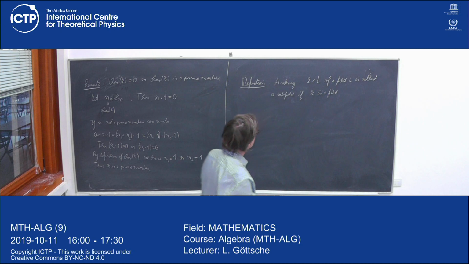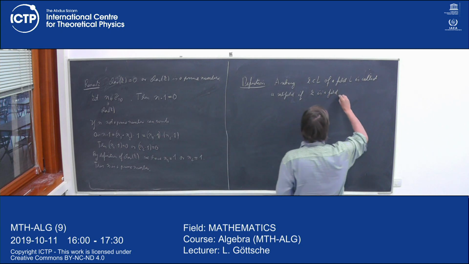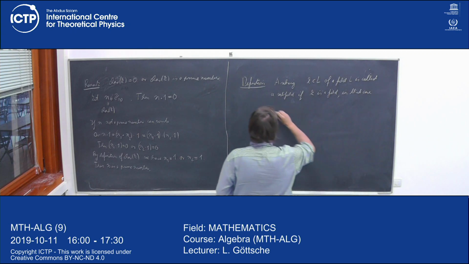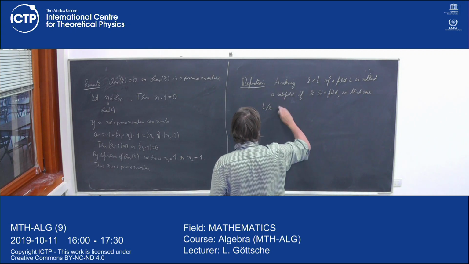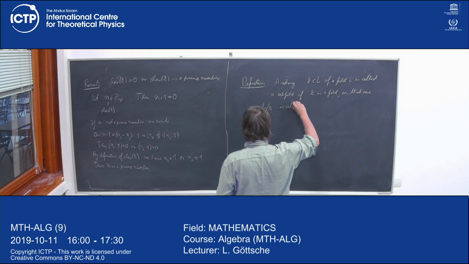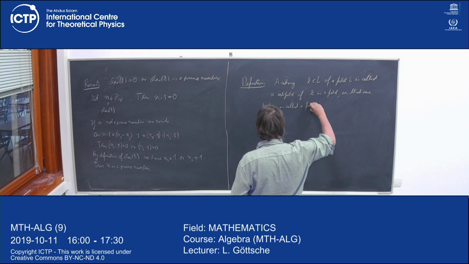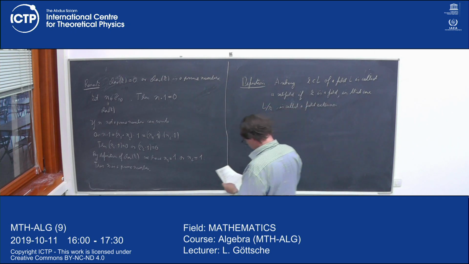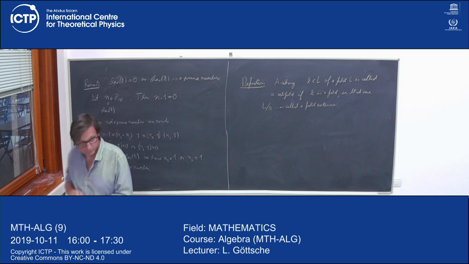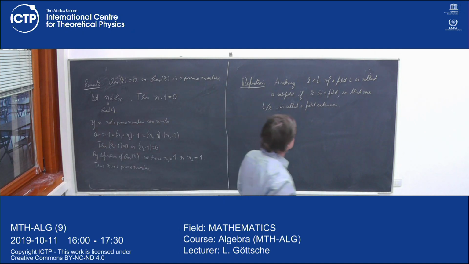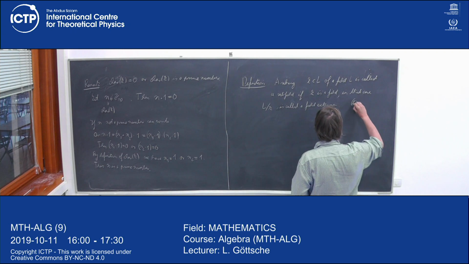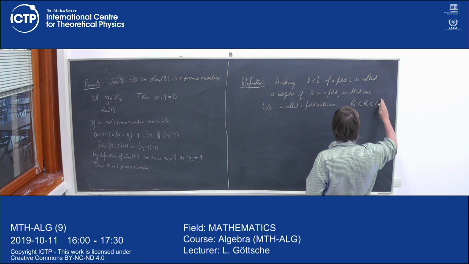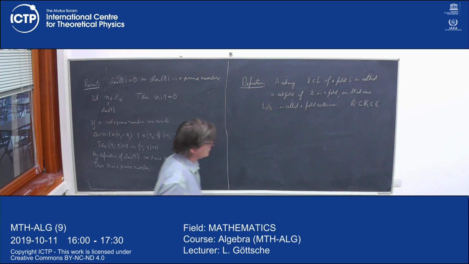Obviously, it has the induced structure, and in that case, we call L over K a field extension. So, for instance, the example is that Q is contained in the real numbers, which is contained in the complex numbers. These are all field extensions.